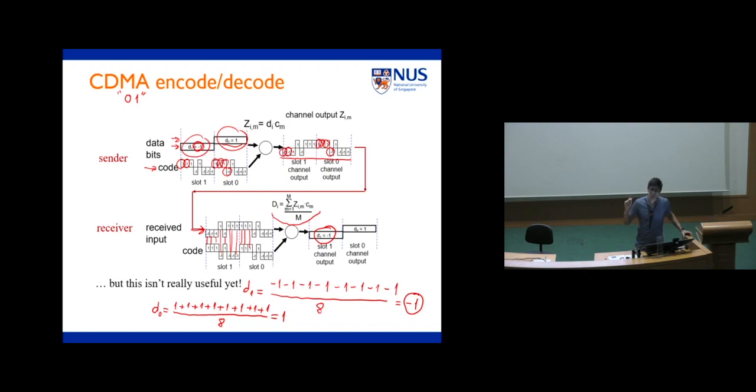And CDMA works also in the presence of interferers. So even if we have an interferer here, another sender using another unique, orthogonal code, this destination would still be able to decode both transmissions using the chipping sequence.